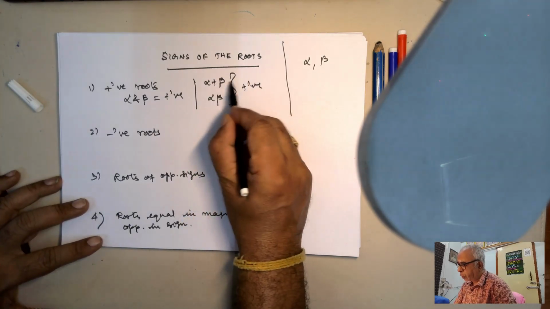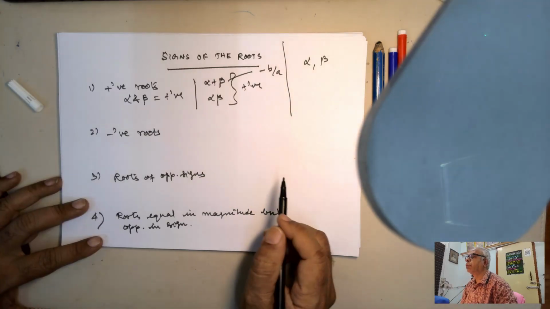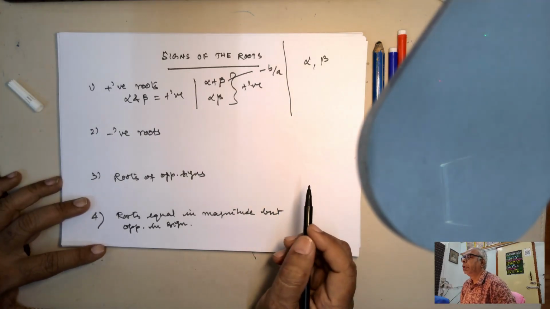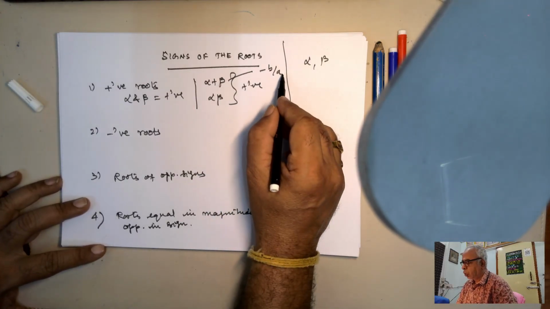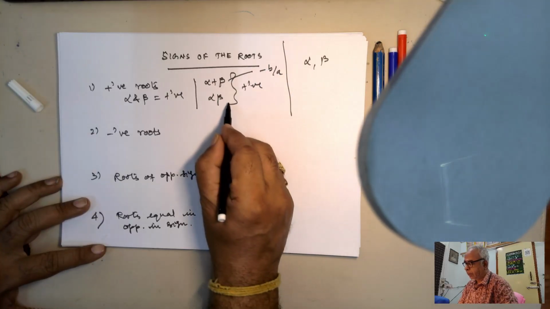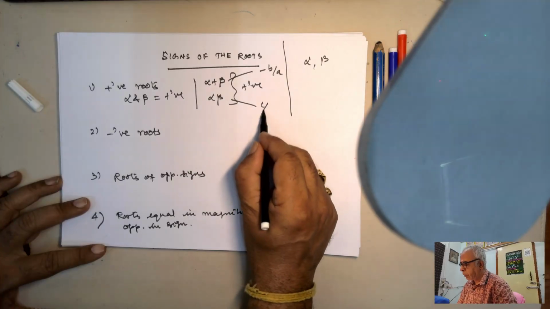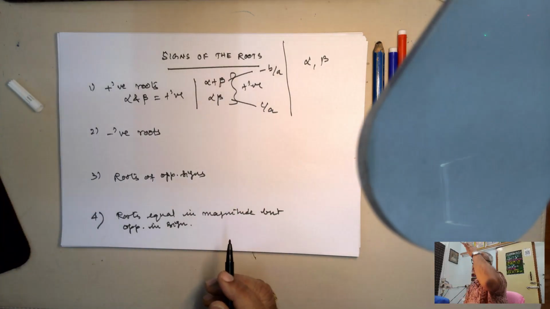It means what is alpha plus beta? Minus b by a, in terms of coefficients of the square of the variable, that is x squared and x. Then c by a. So these are positive.